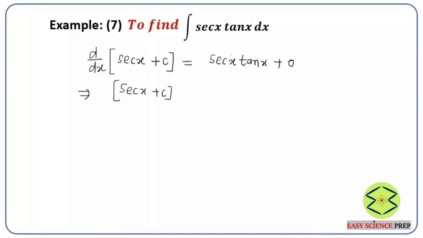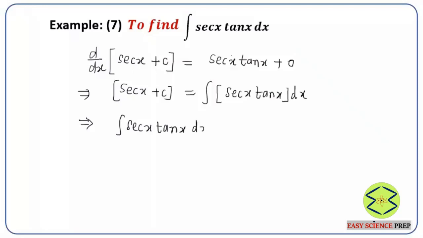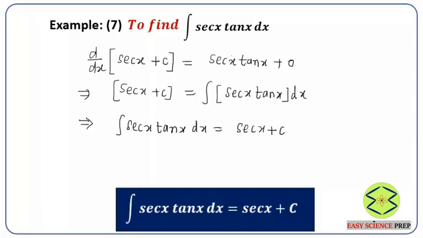So this derivative, if you bring from left to right, becomes integration. So integration of secant of x tangent of x with respect to dx. Okay, so we can write down from here that integration of secant of x tangent of x dx is nothing but secant of x plus c. So that's a simple derivation we got. Next example.